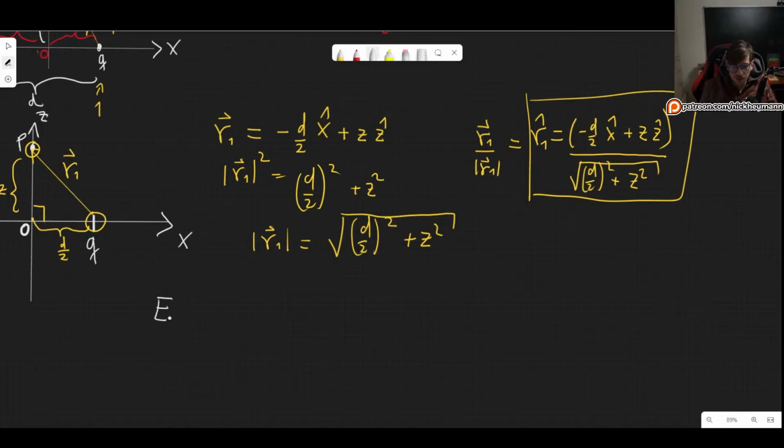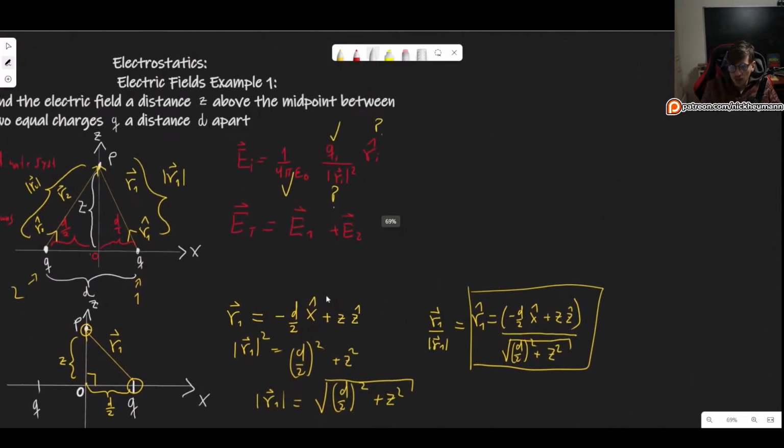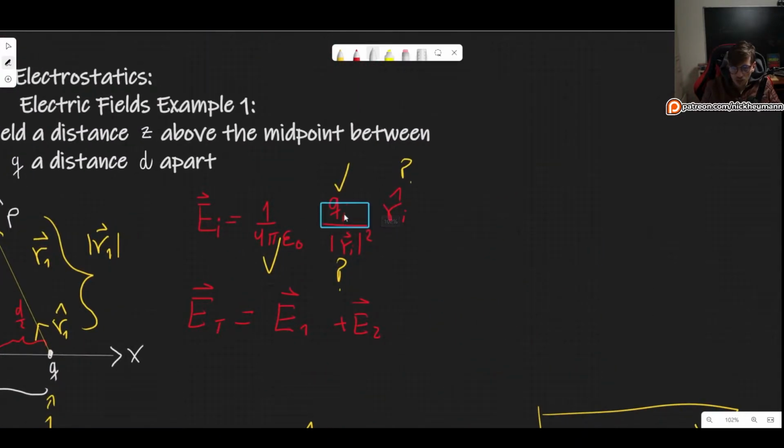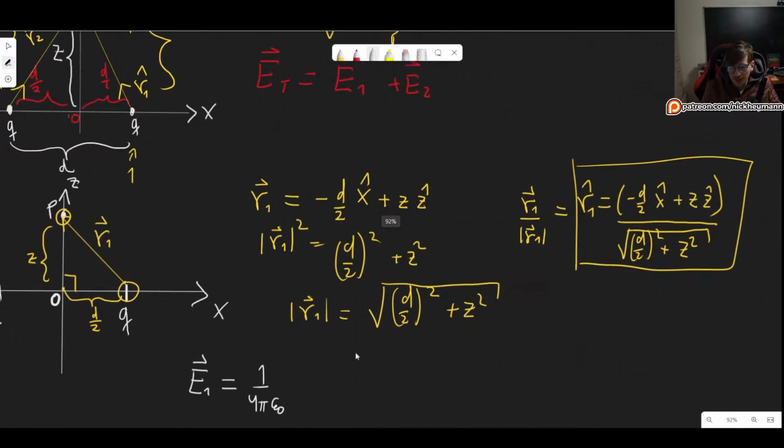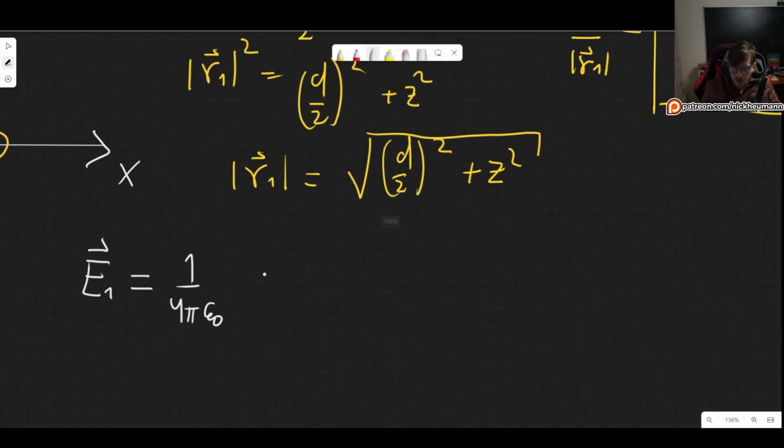So the electric field due to charge 1, right? This is going to be, well, let's see, 1 over 4 pi epsilon 0. We already knew that. Then we have our q. q1 is simply q. And then we divide by the modulus squared, so we get rid of that square root.